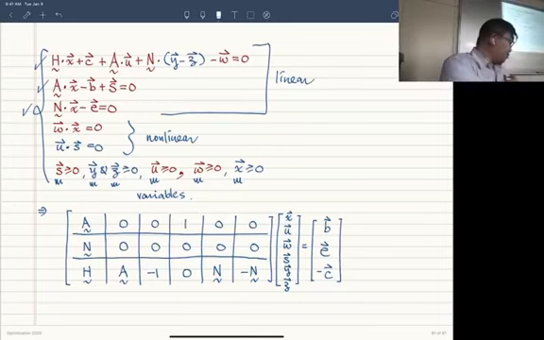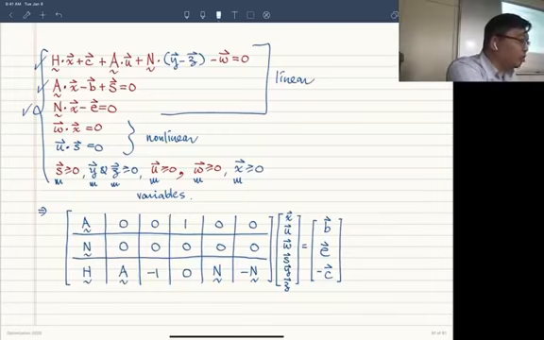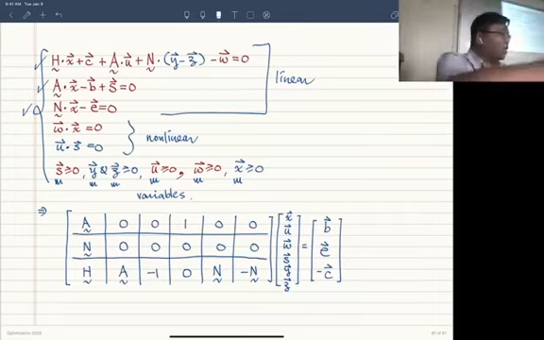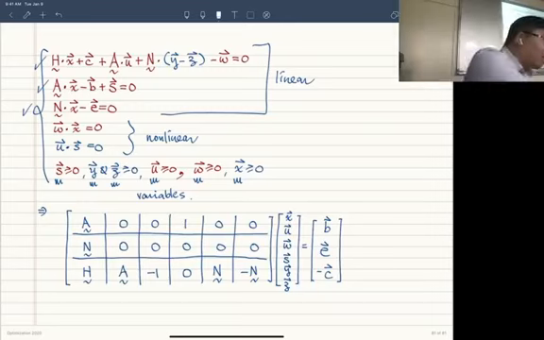Okay. So we could rewrite the entire three linear equations above into this format, and it helps you to formulate these three equations easier, and also easier for computer programming. Okay.